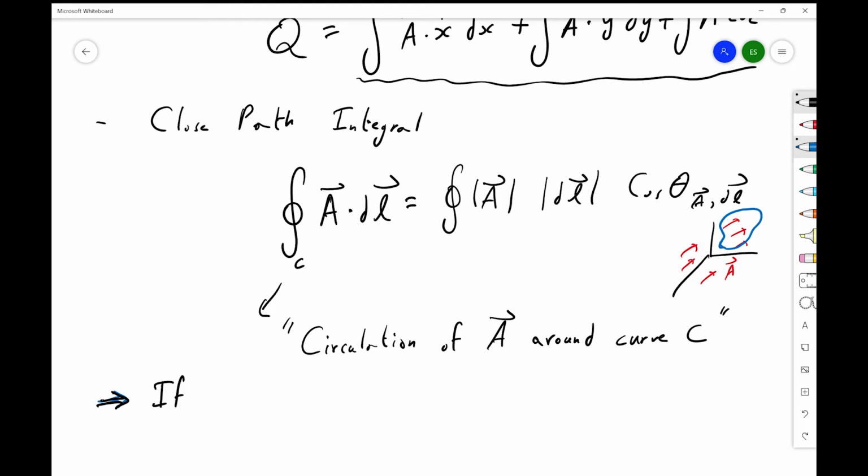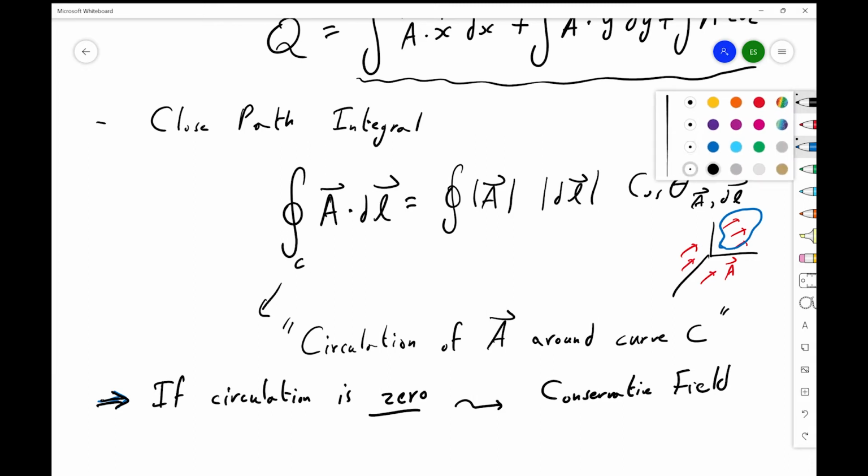If for a certain vector field that is a force field, let's say, not a general vector field, if circulation is 0, this is what we call the conservative field. The line is too thick, isn't it? Right?